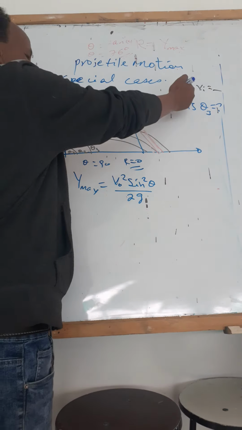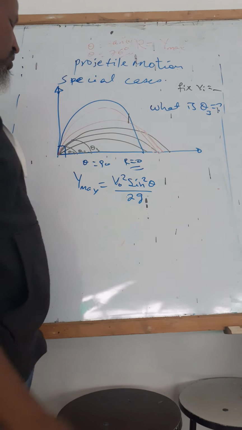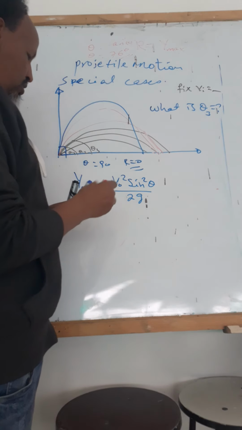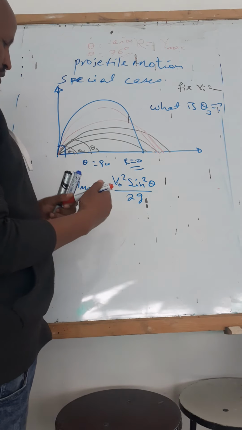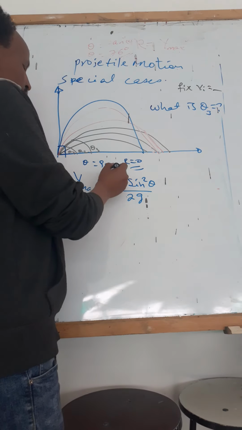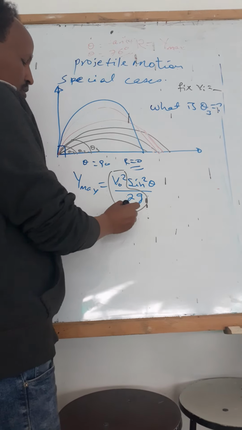I told you to fix the initial velocity, which means v naught square over 2g is constant.